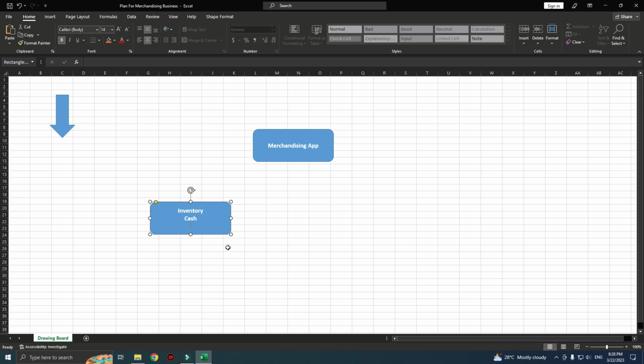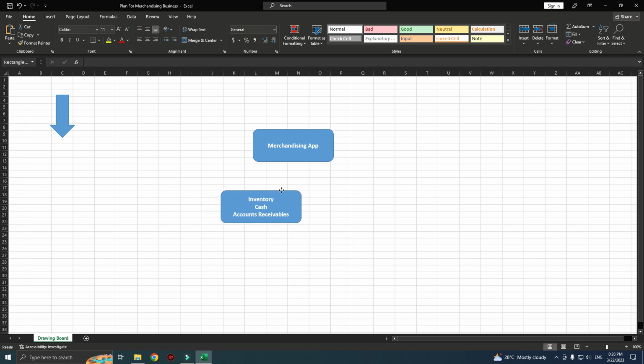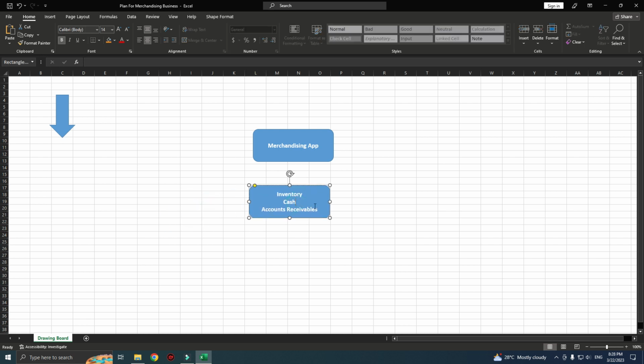We also have AR, accounts receivable. Let's think more. We could also have accounts payable.